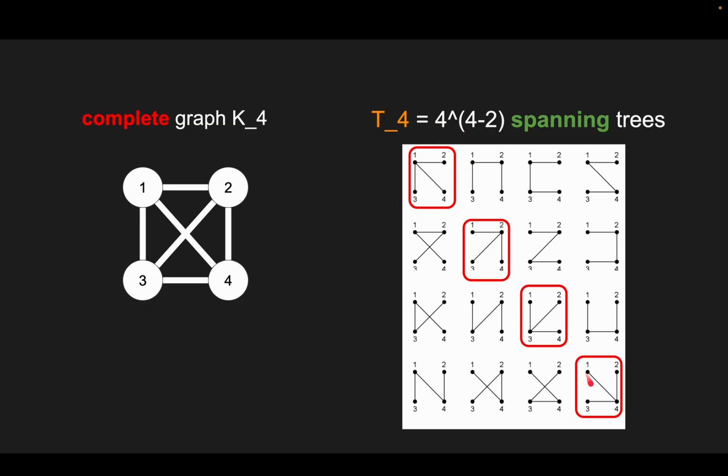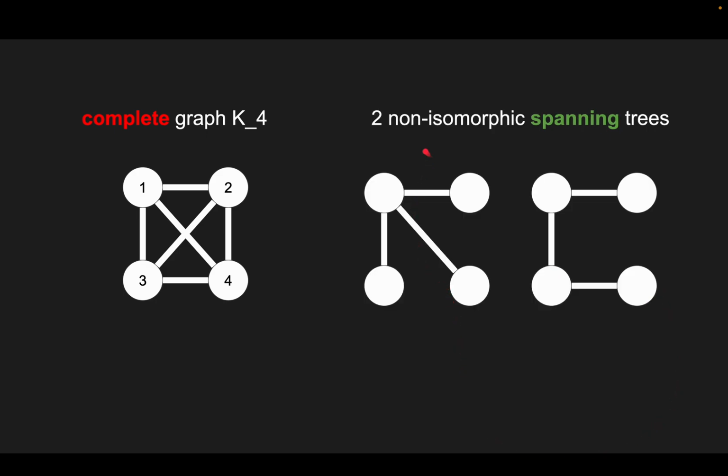The 4 trees enclosed by the red rectangle are all isomorphic, and the remaining 12 trees are isomorphic. So there are only 2 non-isomorphic spanning trees here.